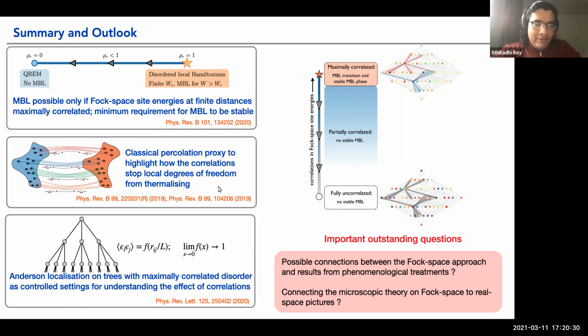In the quantum random energy model, you don't have this freedom, because all the energy scales are independent, and all you need is basically one path in the Fock-space to go through, and that's what the forward scattering approximation mentioned by Sthitadhi and company basically does.